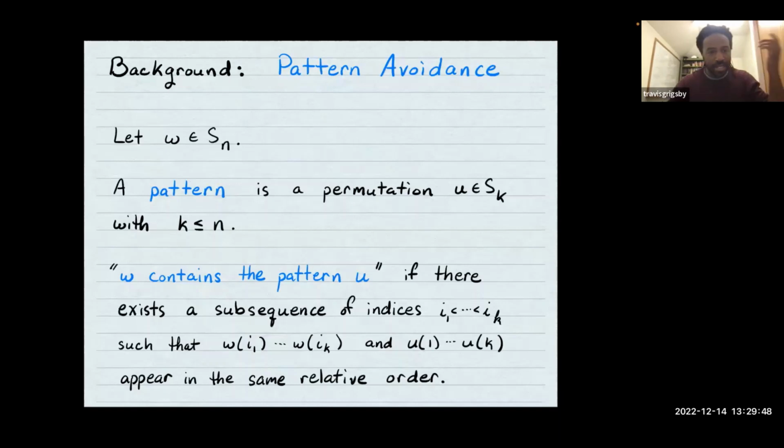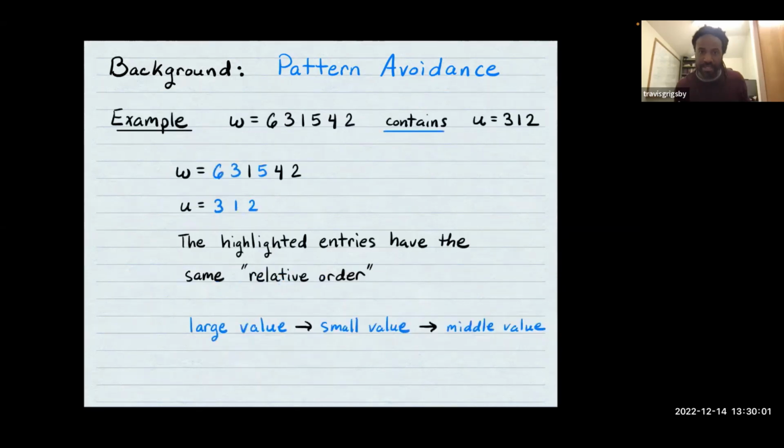So what's a pattern? A pattern is just a permutation, and you forget about the numbers of that permutation and you just pay attention to the relative order. So maybe ignore that, and let's just do an example. Here I have the permutation W, and it contains the pattern 312. And why does it contain the pattern 312?